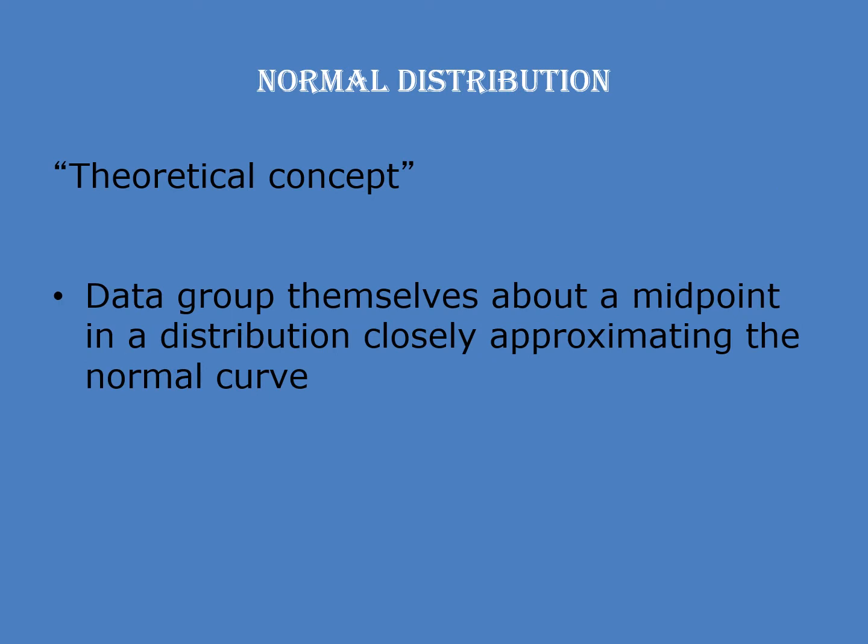I'm now just going to provide an overview definition of normal distribution. So normal distribution is a theoretical concept and is where data groups themselves at a midpoint in a distribution closely approximating the normal curve.